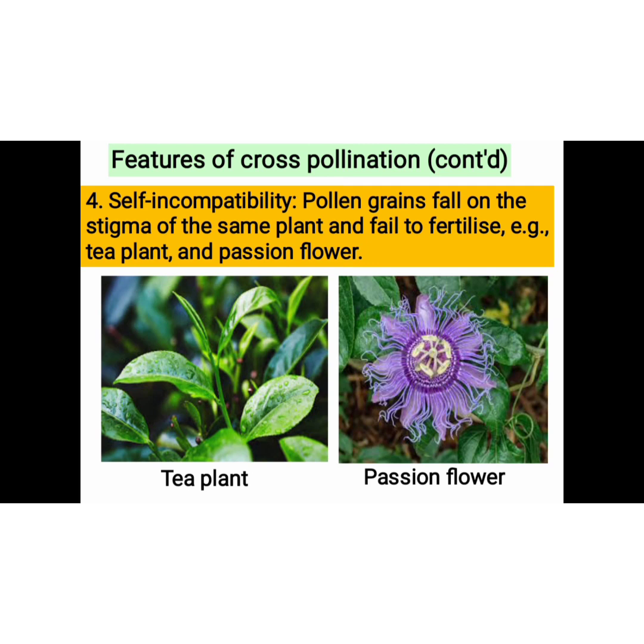It may even in some cases kill the plant. Examples of plants in which self-incompatibility occurs are tea plant and passion flower, as you can see on the screen.